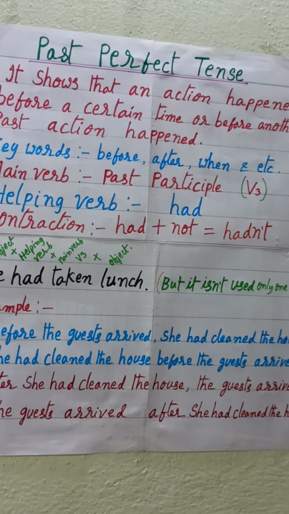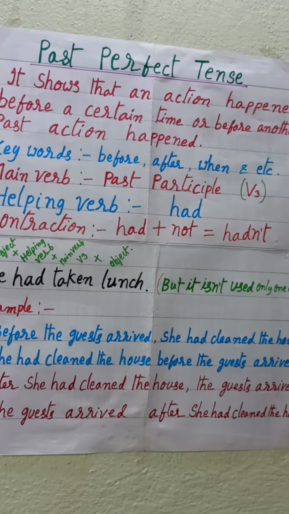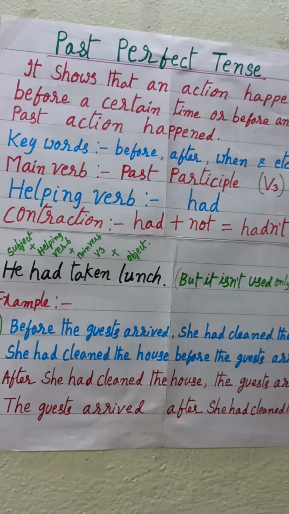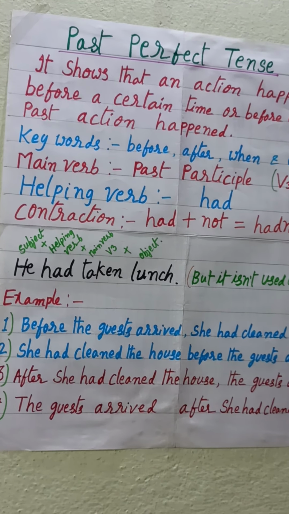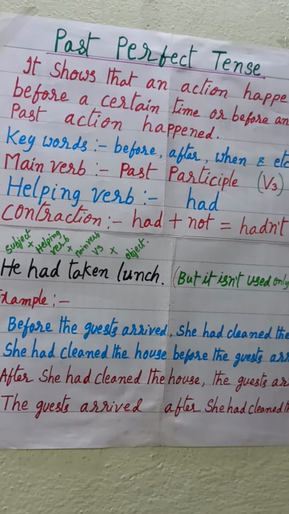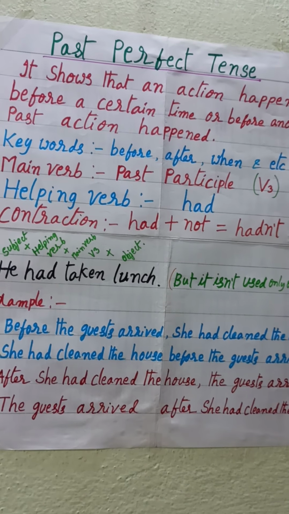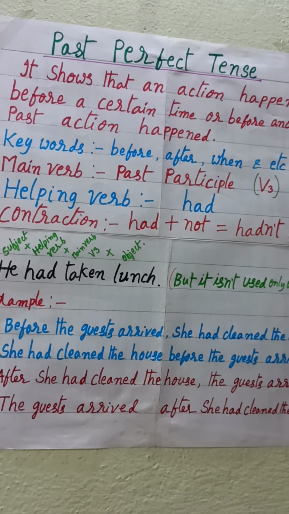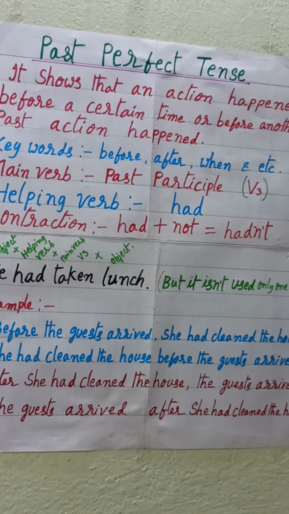She had cleaned the house is past perfect tense. The keyword before is used here. Before simple past tense. Before the guests arrived, comma, she had cleaned the house.